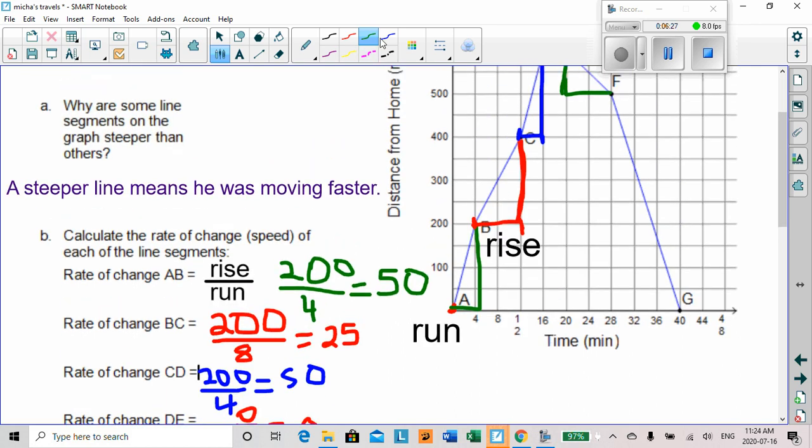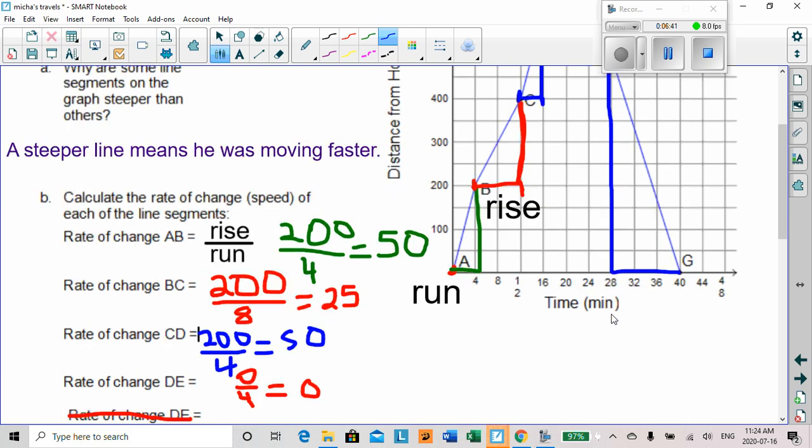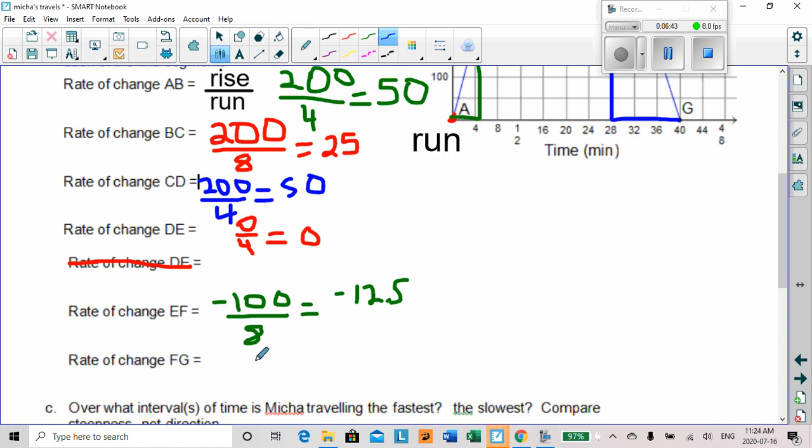Now for the last section, from F to G. So we go all the way down and over. The rise here, we're at 500 to 0, so we're going down 500.